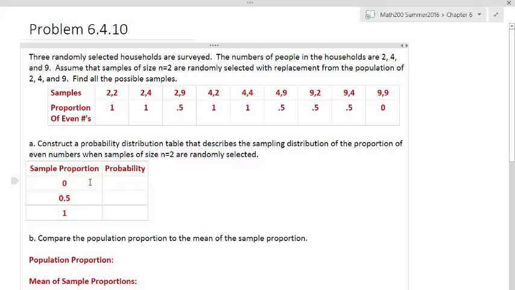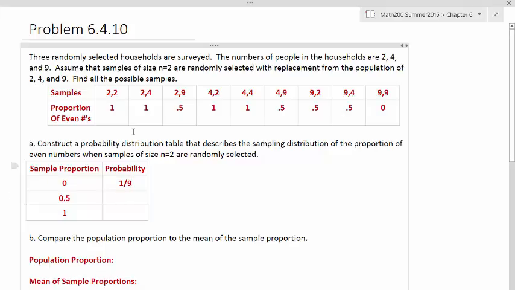These are the choices of proportions that we have. There's only 3 choices here. So what's the probability that we get 0? Remember that there were 9 different possible samples, and only one has a 0 proportion of even numbers. So we can call that a probability of 1 out of 9.